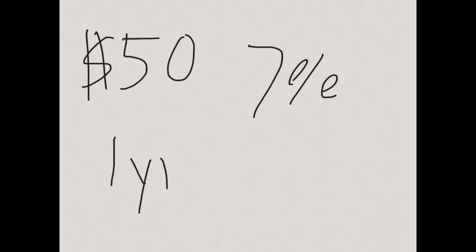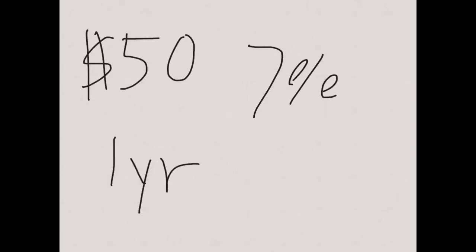Now, let's say you are buying something for $50, okay? And you're going to pay 7% interest for 1 year. So what you need to figure out is, what is 7% of 50, and did that whole year pass?